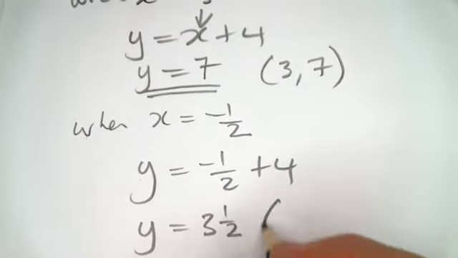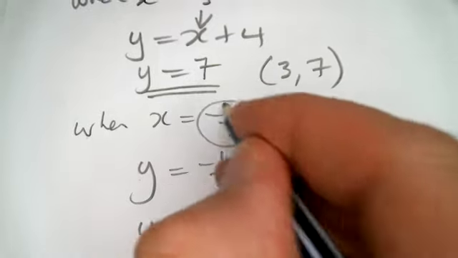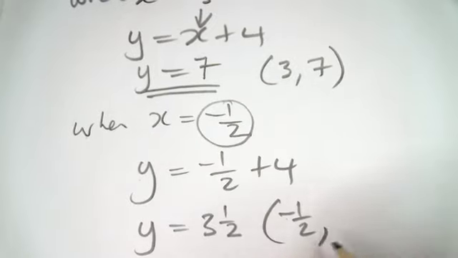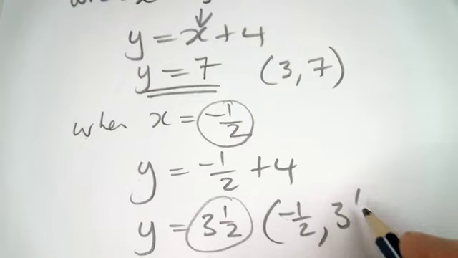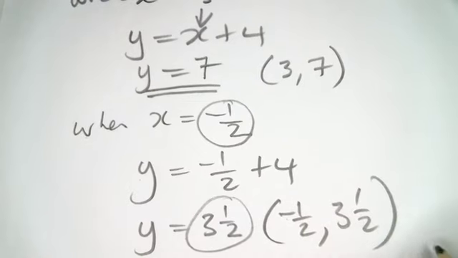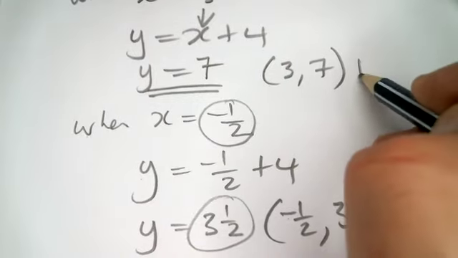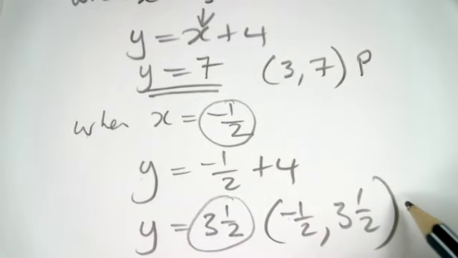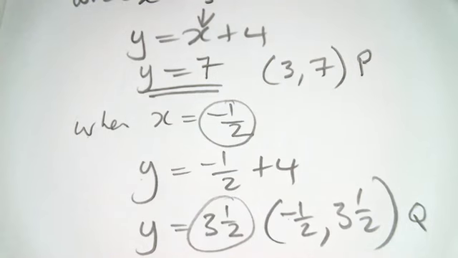So the coordinates hence are going to be (negative 1/2, 3 and 1/2). And that is the solution. By the way, this is what they called P, and this one here is the other one, which is going to have to be Q. And that is how we find the solution to all of that.